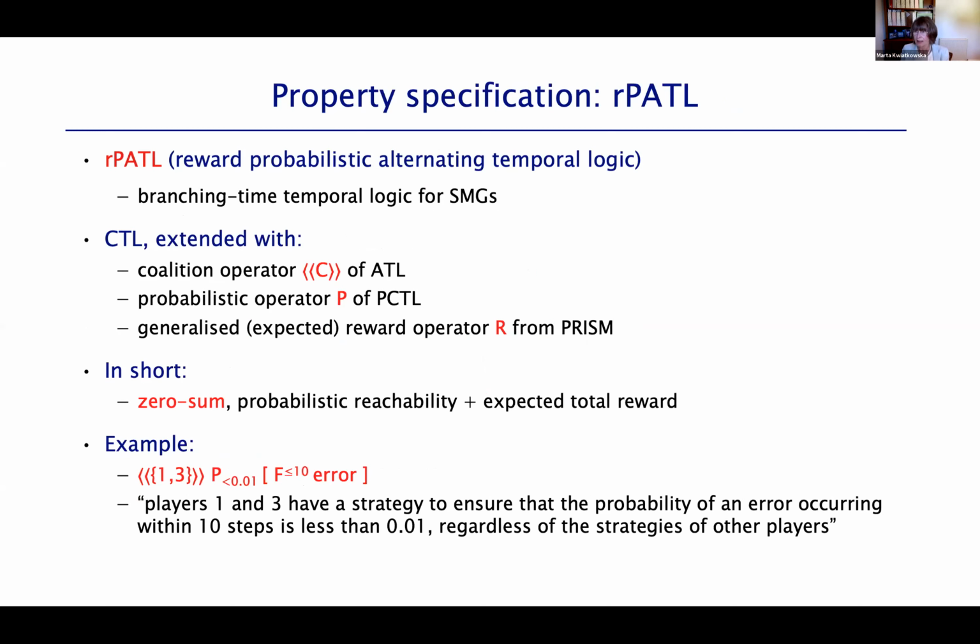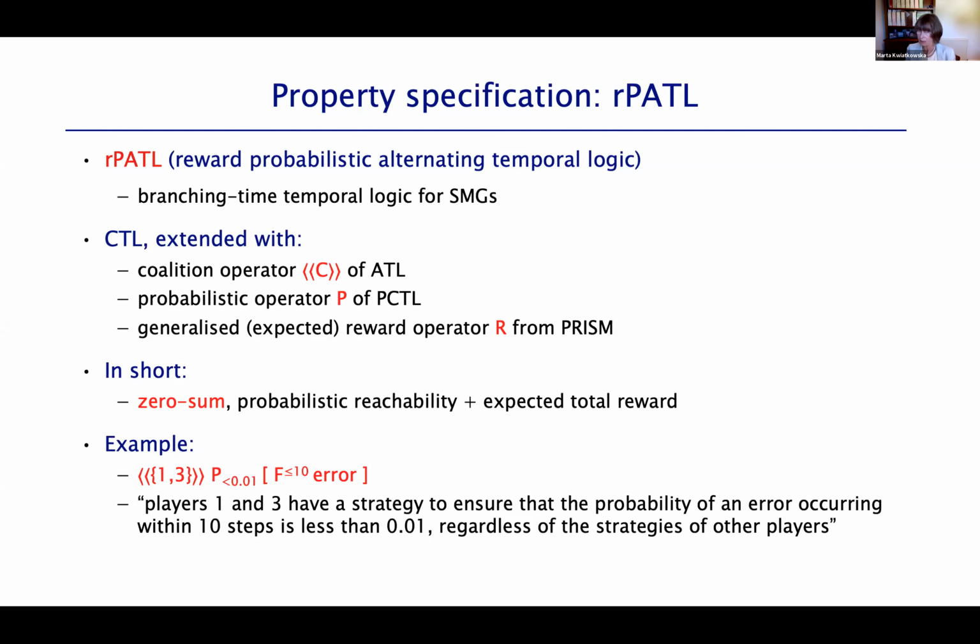Now CTL is a basic branching time logic, but we consider it with the coalition operator, which we take from ATL, alternating temporal logic. C is a coalition, a set of players in these angle brackets. And we also add the probabilistic operator from the logic PCTL, probabilistic CTL, and R is a reward operator, essentially computing expectations, also from PRISM.